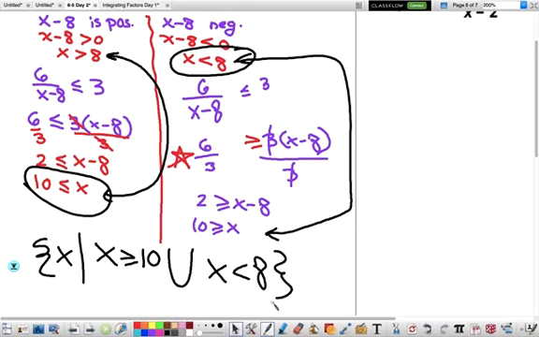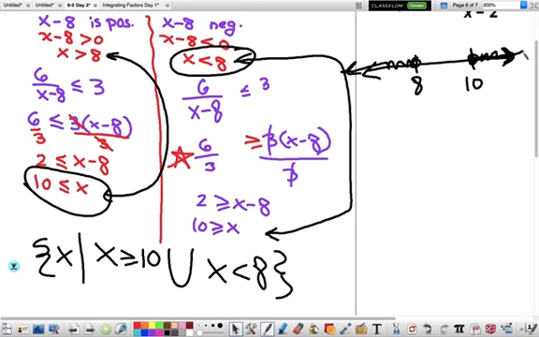One last thing I want to tell you before you leave today is that if you want to check your solutions, draw a number line. If I was going to draw a number line, what 2 points should I mark down? 10 and 8. 8, 10. I said that everything over here is going to work. I said everything including 10 in this way is going to work.